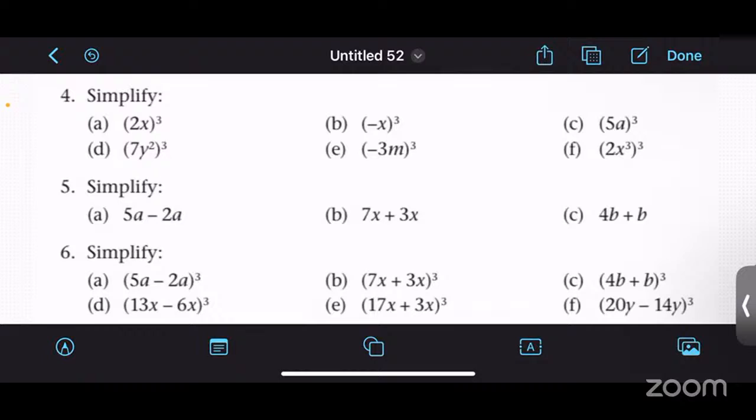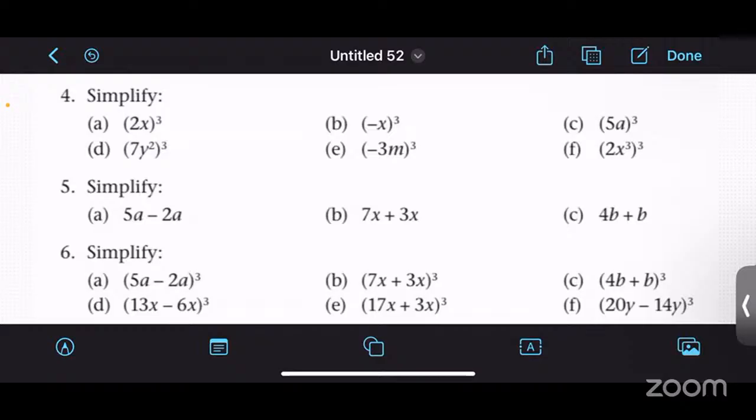Then the final answer will be 125a to the power of 3. Let me repeat that: 125a to the power of 3.